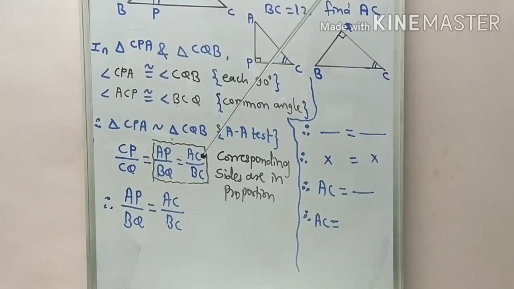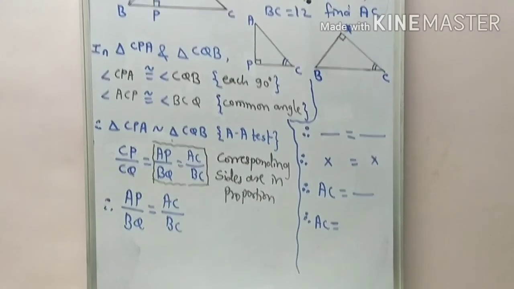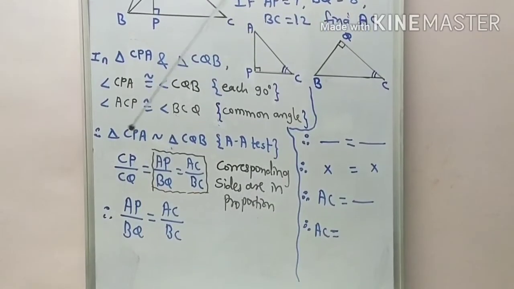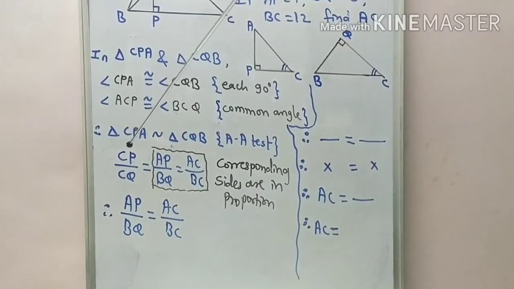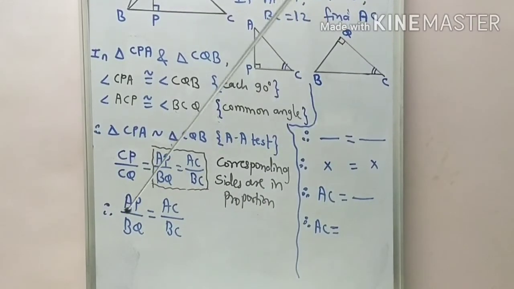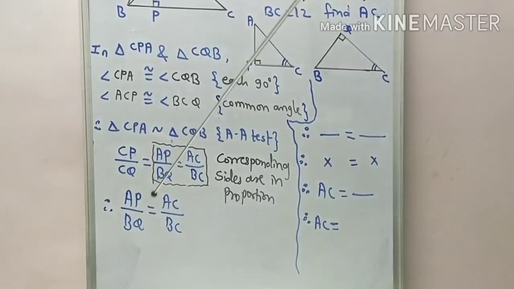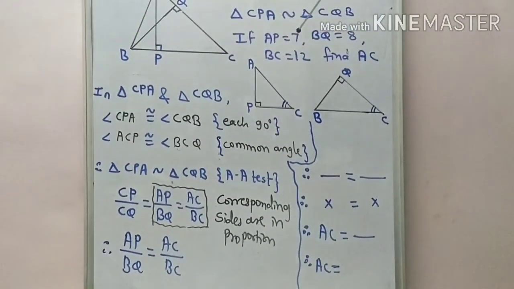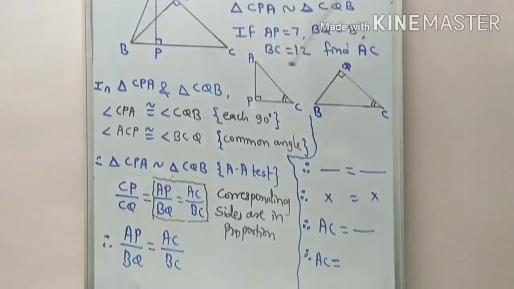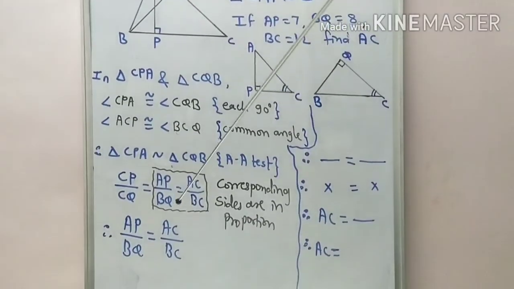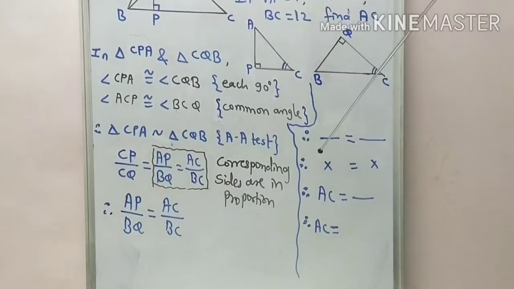But according to the given values, what you observe here students is that the first ratio, CP and CQ, we won't require. So we write down the remaining second and third ratios, and now we substitute the given values: AP is 7, BQ is 8, AC we have to find out, and BC we substitute as 12 over here.